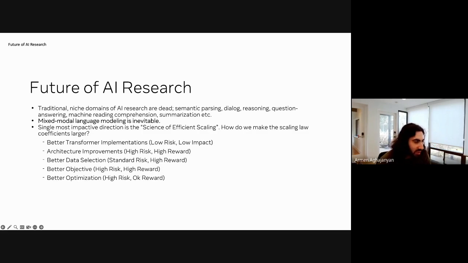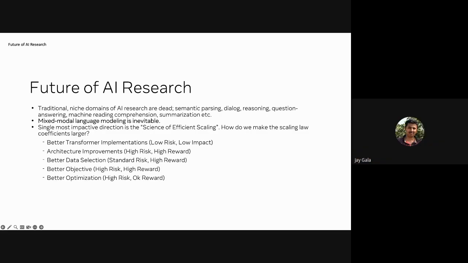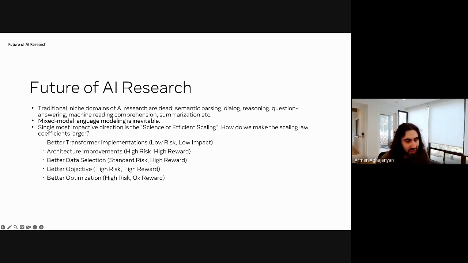Instruction tuning fixes this, but the evaluations that I've seen for LLMs are usually pretty bad. They're not consistent.